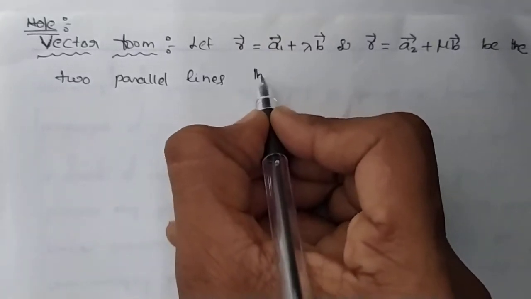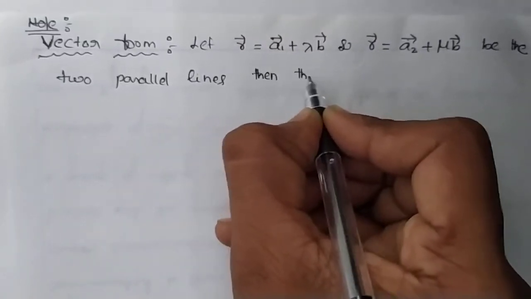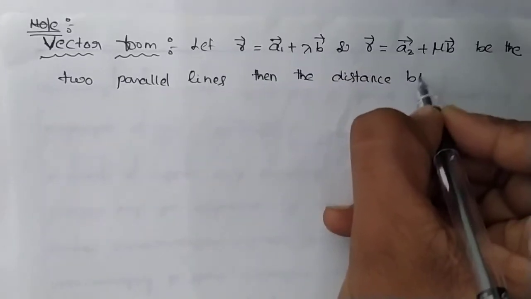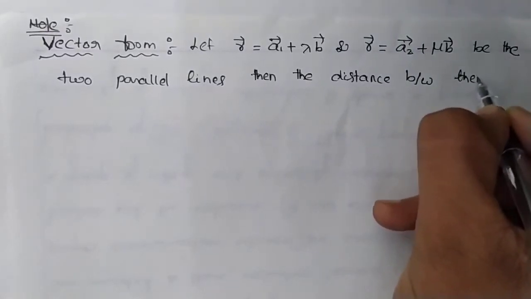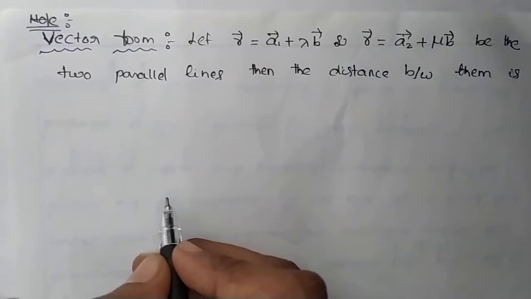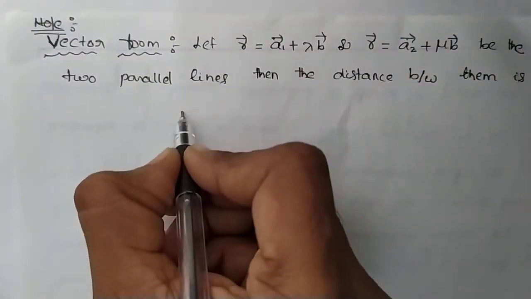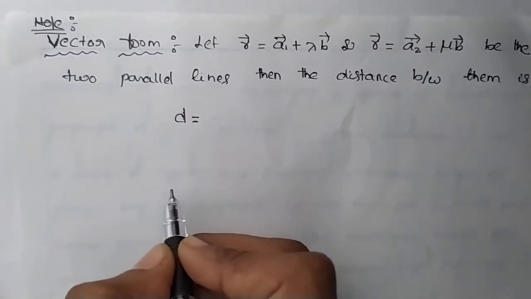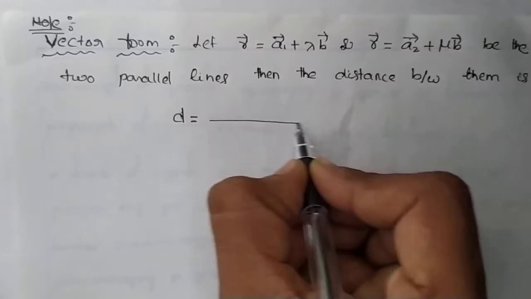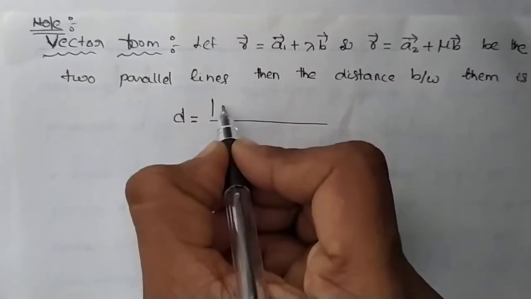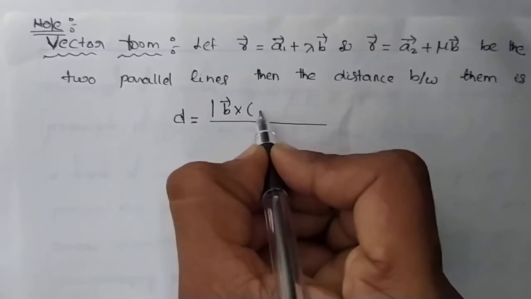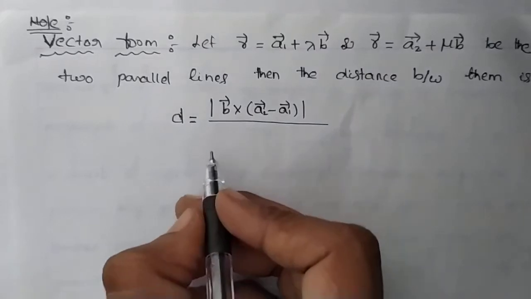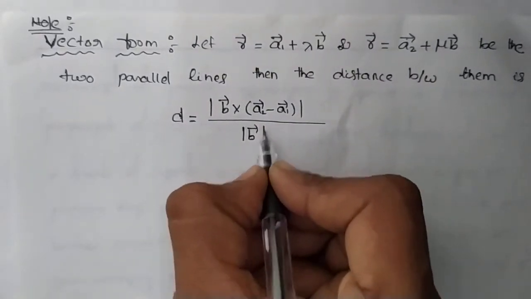Then the distance between them is what? So the distance between the two parallel lines is d equals magnitude of b vector cross (a2 vector minus a1 vector) divided by magnitude of b vector.